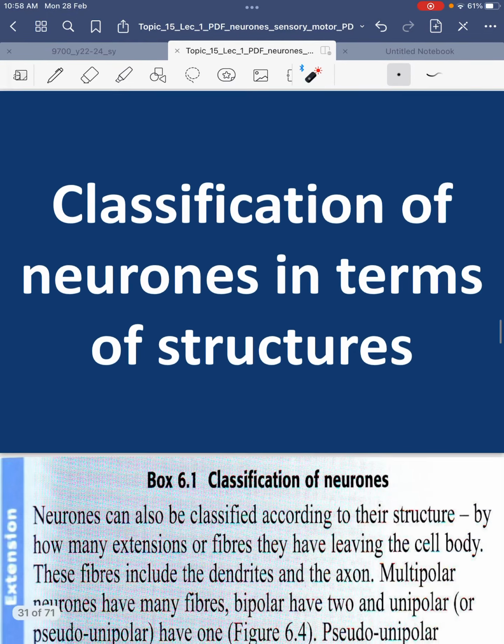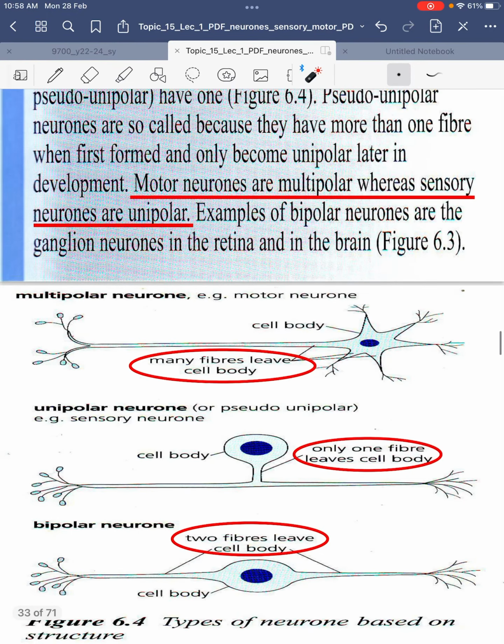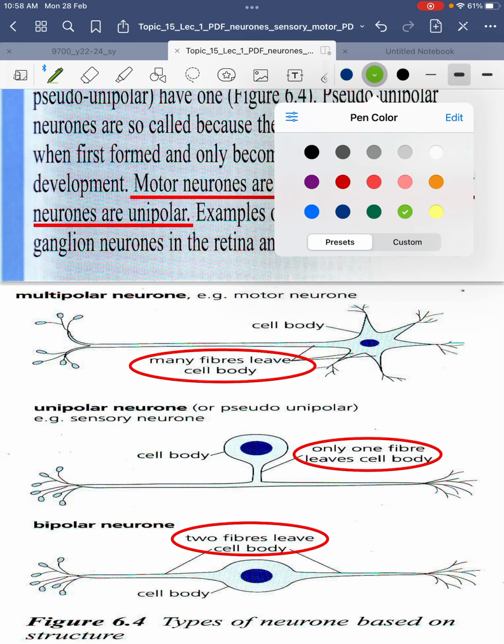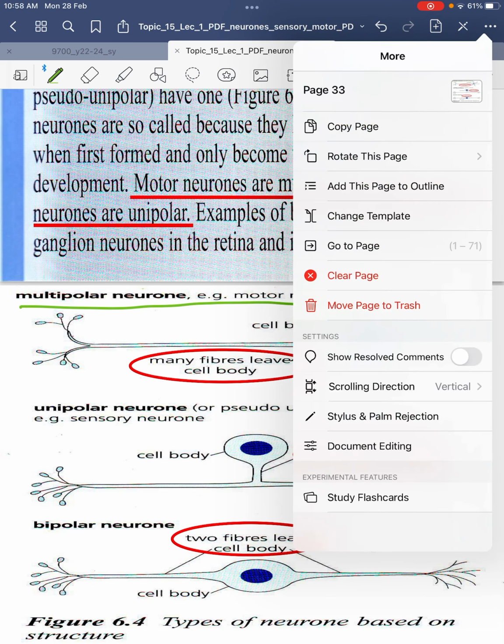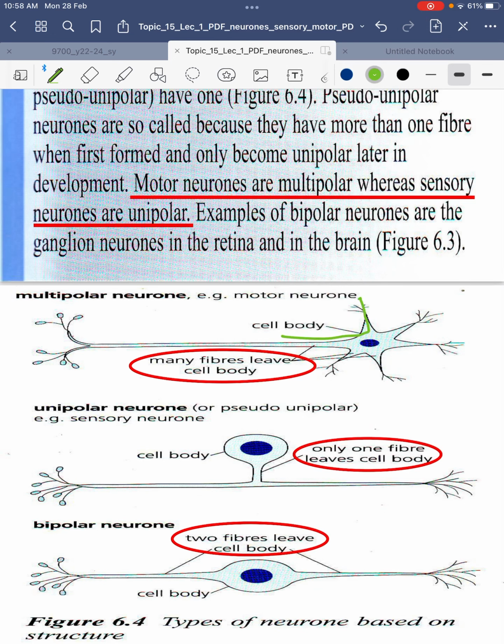Classification of neurons in terms of structure. This is not actually in your syllabus, but just to let you know that the motor neuron is an example of a multipolar neuron, because many fibers leave the cell body. So if I draw here, from here it goes here, and you can see how it moves.